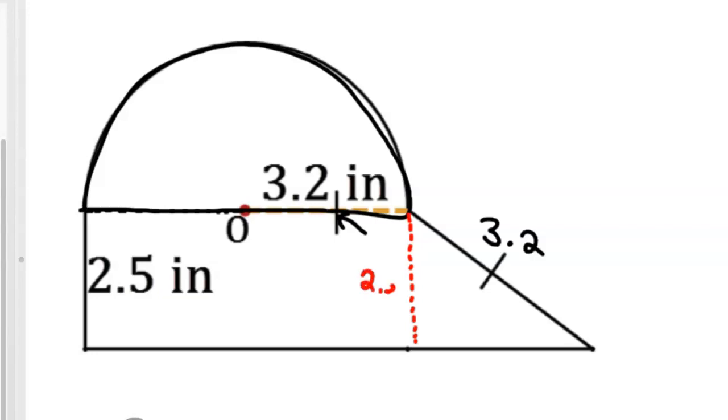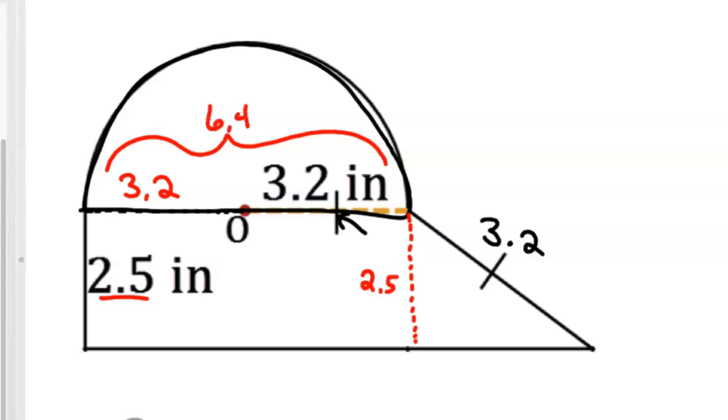And this has to be 2.5 because this side's 2.5. So this length is 3.2 because it's the radius of a circle. So that means this whole diameter, or the length of the rectangle, is 6.4. So we could calculate the area of this rectangle real easy, and that is 6.4 times 2.5.